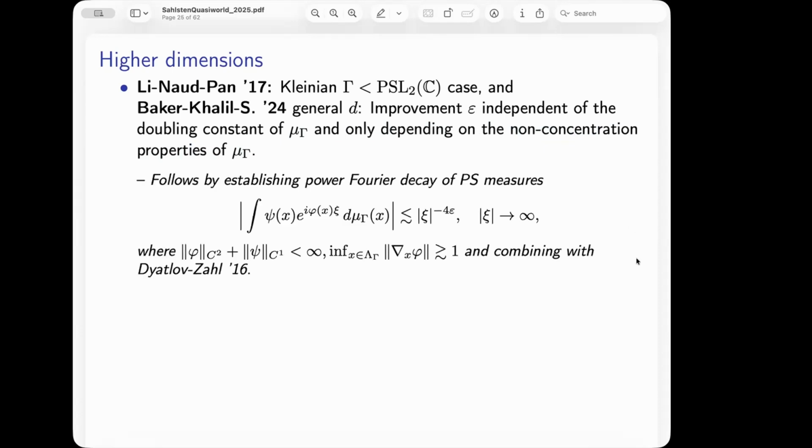What we can get in this setting is basically power Fourier decay of the Patterson-Sullivan measures, in a similar spirit to what Bourgain and Dyatlov did. But this work really came first from Osama. He had a preprint by himself on arXiv. Then we noticed this, and at the same time we were independently working with Simon Baker towards a similar goal. We also had some other examples we were interested in studying, like more general self-conformal sets, self-similar sets and self-affine sets.